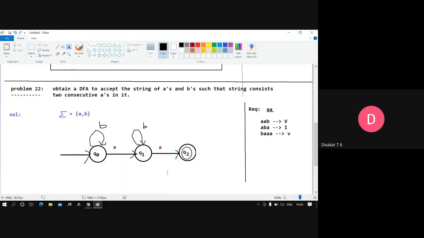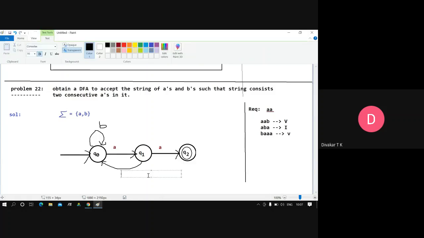No, before completing Q1, I cannot go to Q2. So a self loop is not possible. What am I supposed to do now? To check the previous state. Previous state, Q0. What symbol am I supposed to write? B, sir. B. Okay, fine.